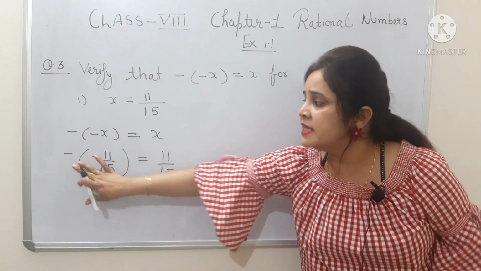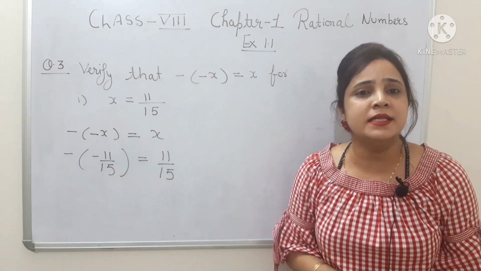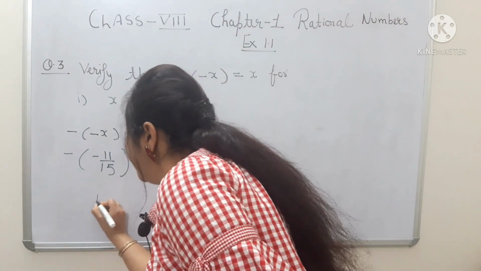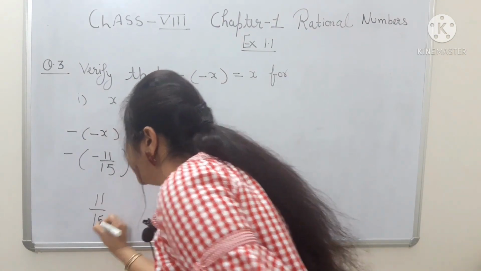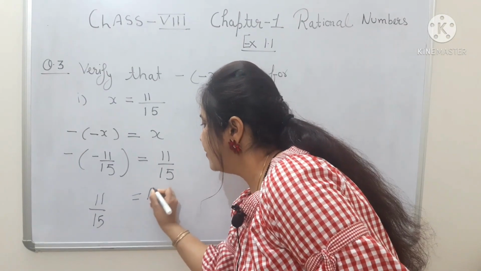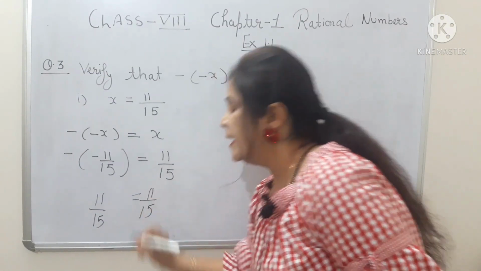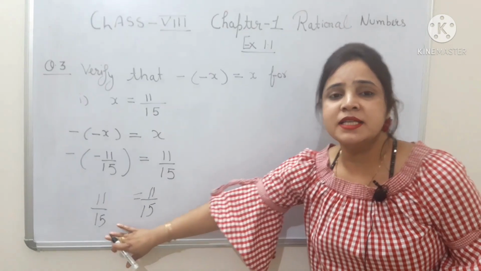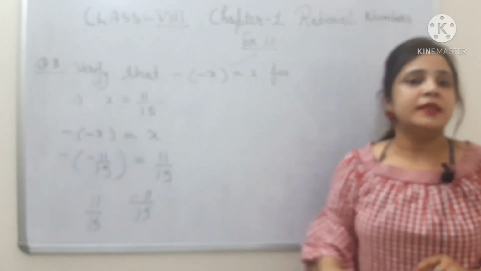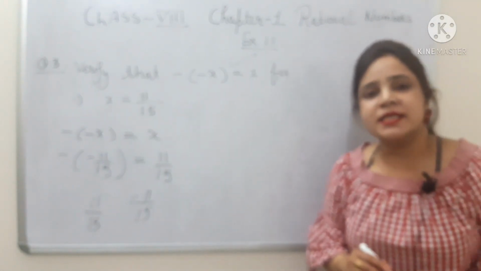So minus multiplied by minus will be plus. Okay. So it will be 11 upon 15. And at this side we are already having 11 upon 15. It means our left hand side is equal to right hand side. So we have proved that minus x is equal to x.